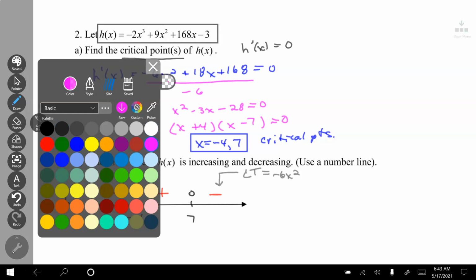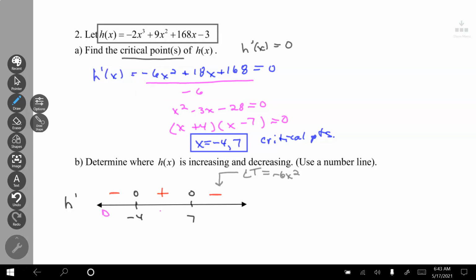What does that mean? This is decreasing, this is increasing, this is decreasing. So it is increasing from negative 4 to 7, and it is decreasing from negative infinity to negative 4, union 7 to infinity.